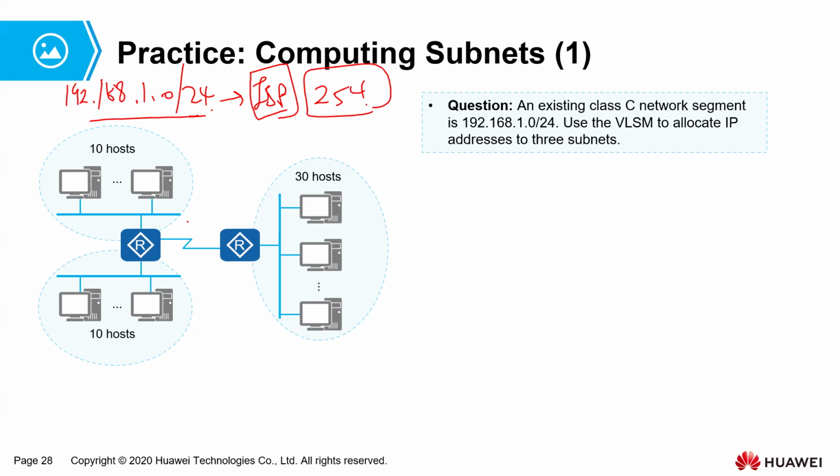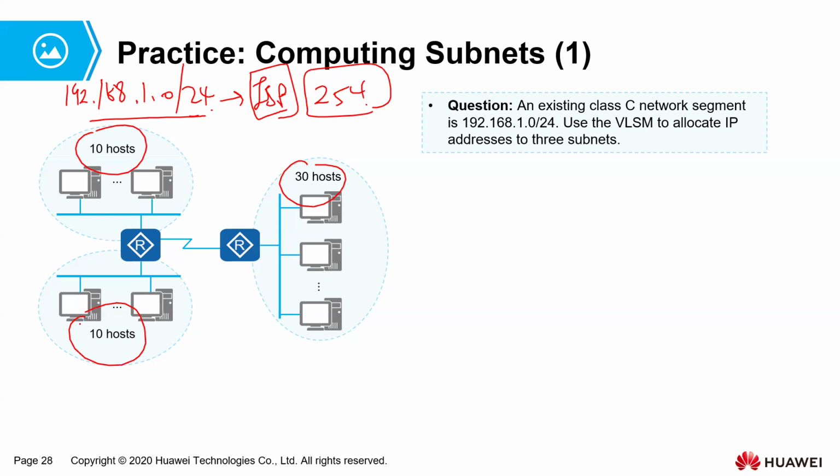Why minus 2? I think we'll get into that as we go. 254, that's a huge broadcast domain. We break that down into smaller broadcast domains. In this case, we are only going to be accommodating 30 hosts in one network, 10 in another, 10 in another network.